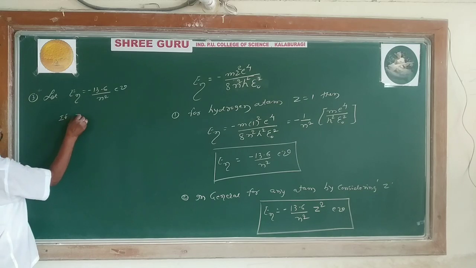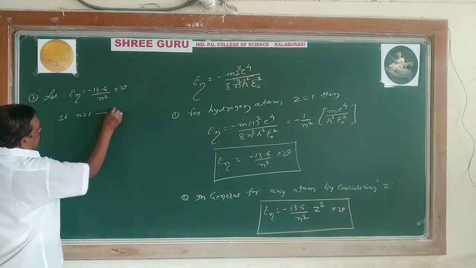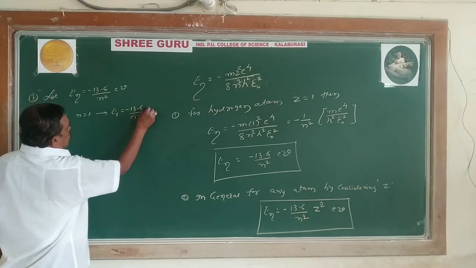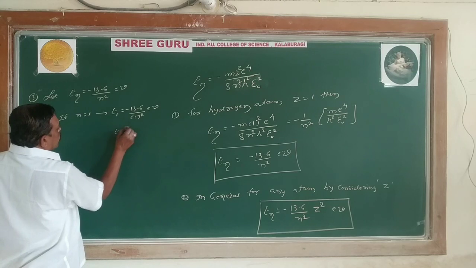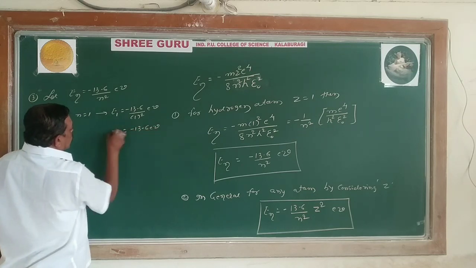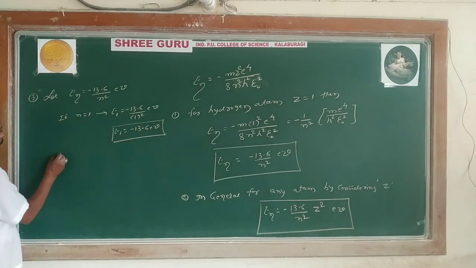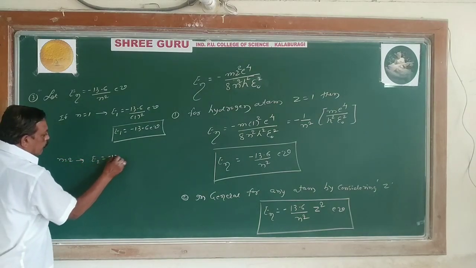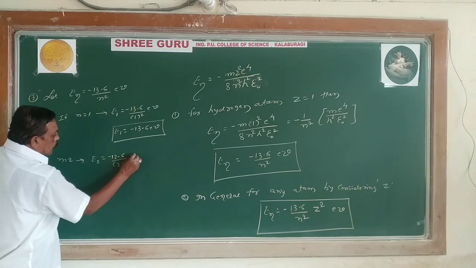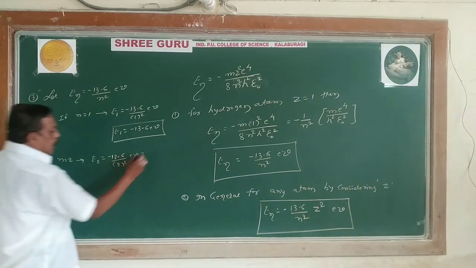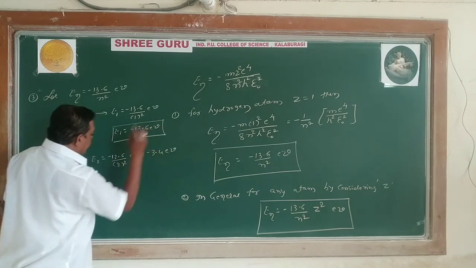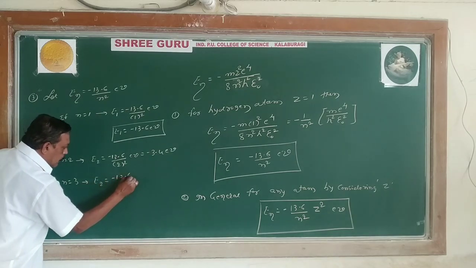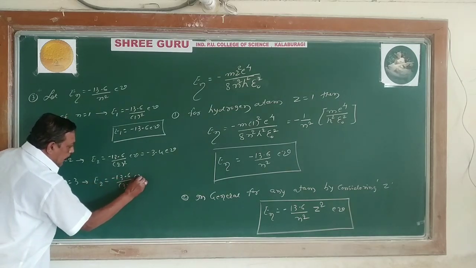If n equals 1, E1 equals minus 13.6 divided by 1 square, that is minus 13.6 electron volt. This is the first orbital energy. If I take n equals 2, E2 equals minus 13.6 divided by 2 square electron volt, which is minus 3.4 electron volt. If I take n equals 3, E3 equals minus 13.6 divided by 3 square, 9, electron volt.